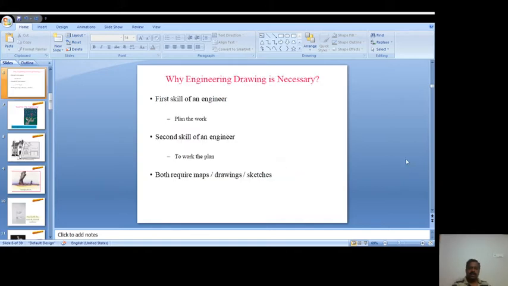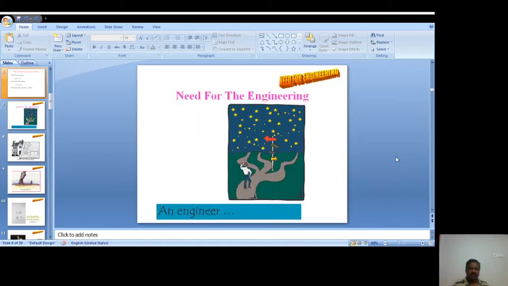So why is engineering drawing necessary? The first skill of an engineer is to plan the work. The second skill of an engineer is to work according to the plan. Both require drawings, maps and sketches.